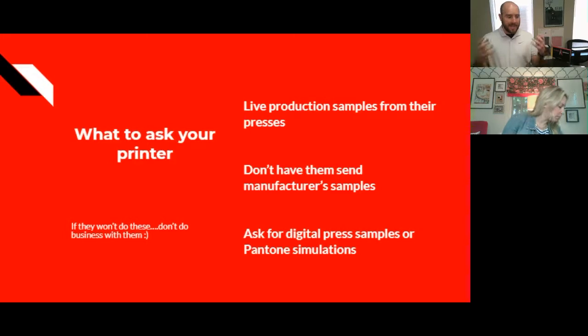We can load the actual paper and show the customer, hey, this is almost a prototype, a sample of what you're getting. It's not just a proof that we're going to aim for. This is a sample. So you can have it on the actual paper most of the time. Obviously there could be circumstances where that's not super viable.